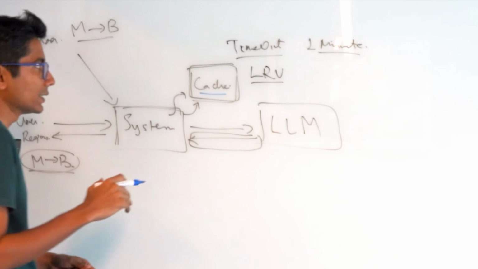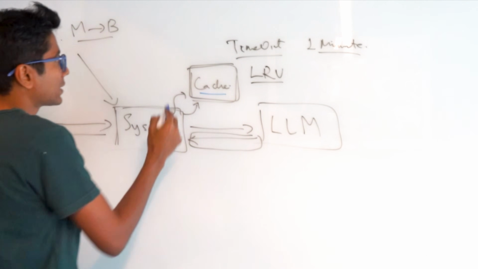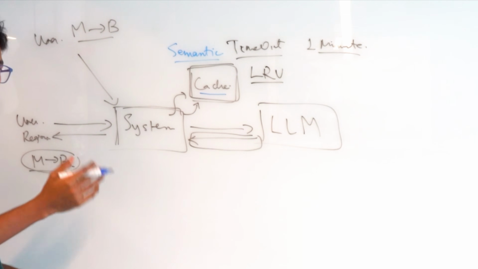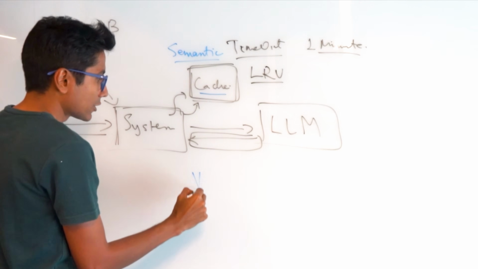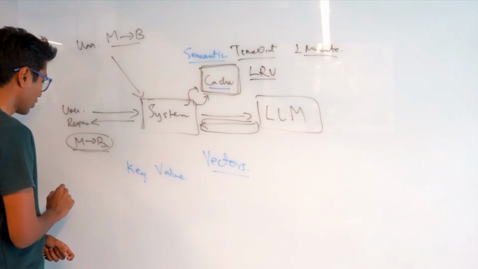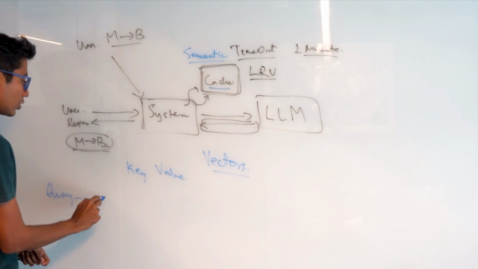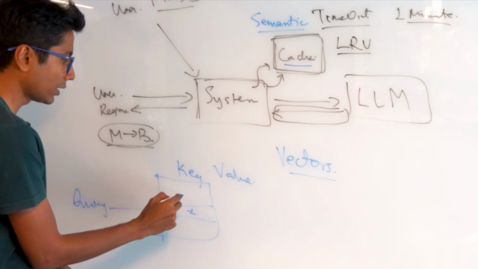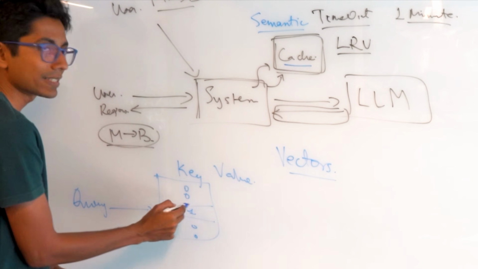So here we need a different kind of cache. We need something called a semantic cache. And internally, a semantic cache is something that does comparisons based on vectors. Typically, a cache is a key value cache where you have the user query, you check amongst the keys which one is an exact match, and you get 1 and 0 everywhere else. So it's an exact match.